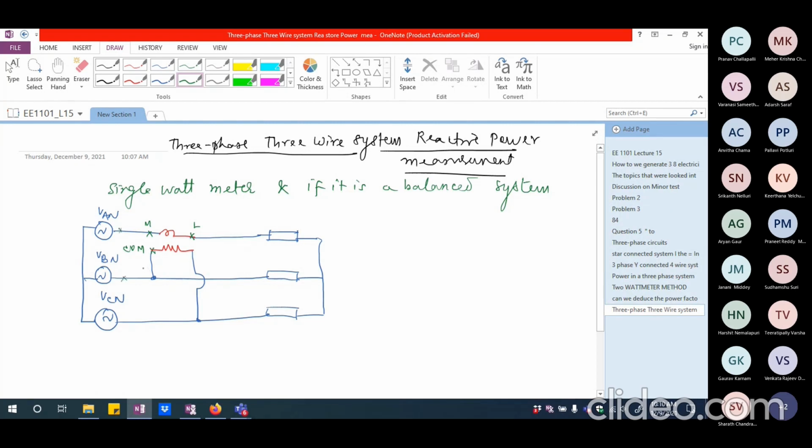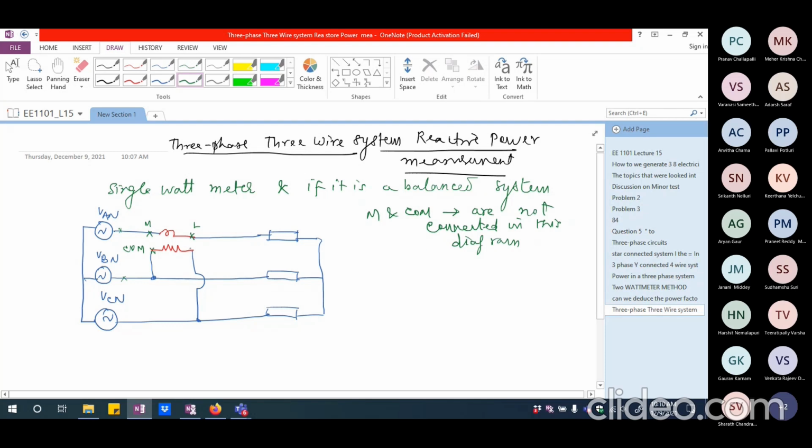So common and M are not connected in this diagram.